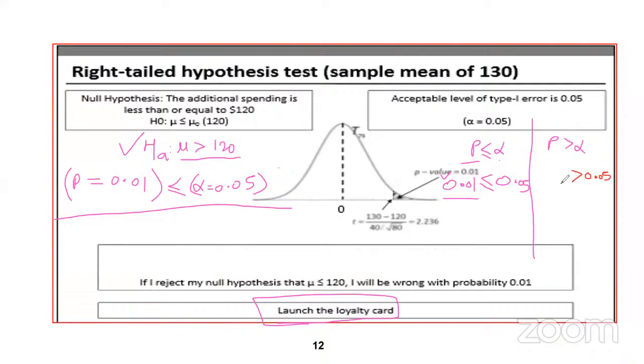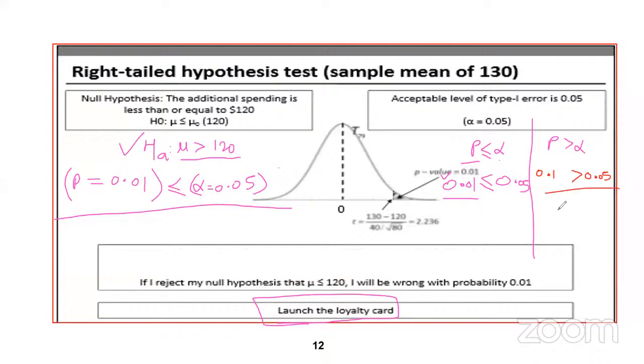But you calculated the probability of error to be, for example, 0.1. That means 10%. So if you take an action, if you go with the alternate hypothesis, you are going to face 10% loss, which is unbearable. 5% was bearable, but now you are going to face 10% loss if you take an action.